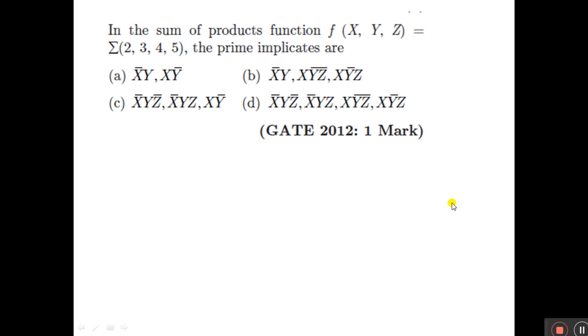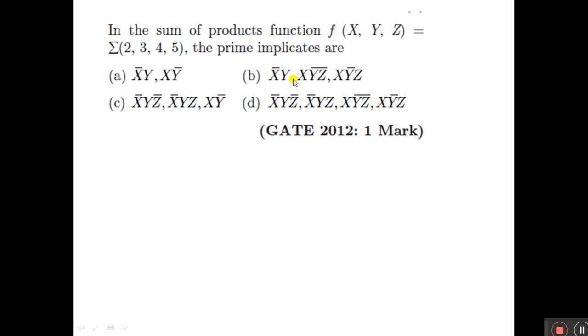Next question. This question was asked in GATE 2012, a 1 mark question. In the sum of products function, f of x, y, z equal to sum of minterms 2, 3, 4, 5, they are asking for the prime implicants. The options are given here. Option A: x bar y, x y bar.